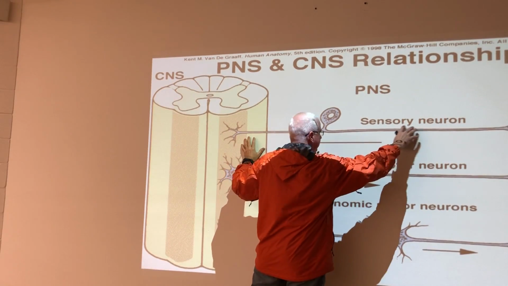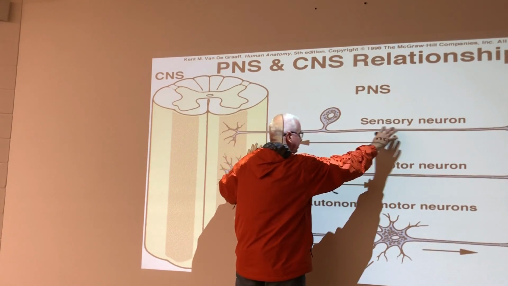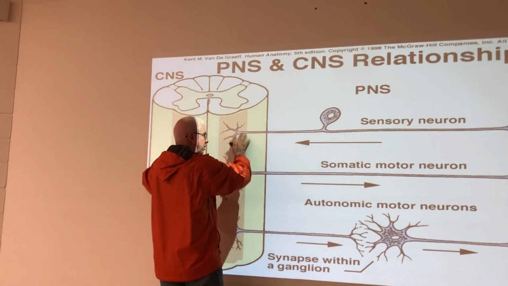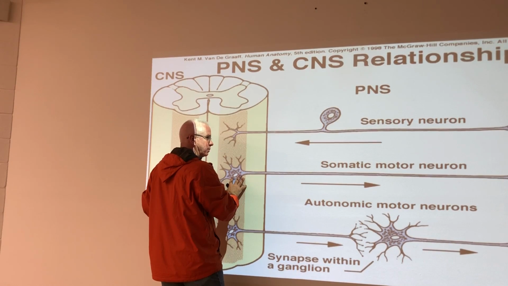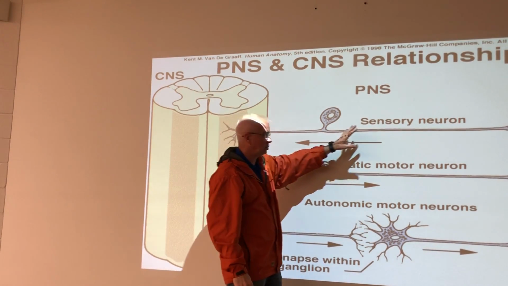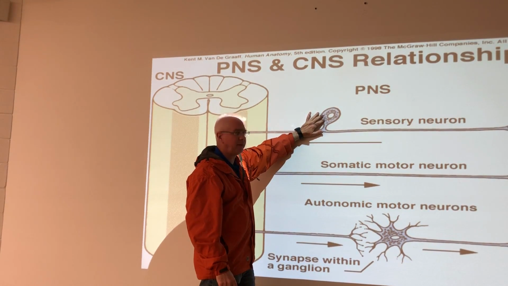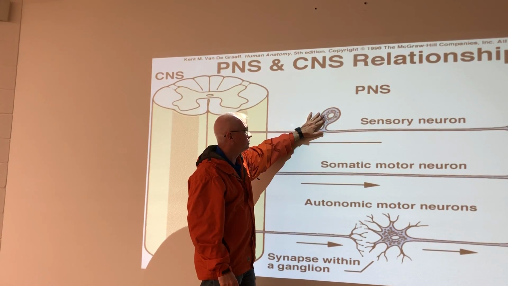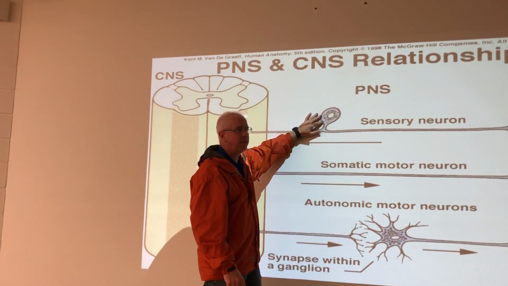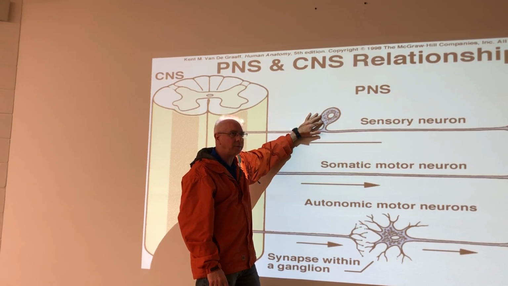This information out here would be part of the peripheral nervous system, bringing information to the central nervous system. This is sensory information. And this is going to be the topic of a slide coming in just a few minutes, where I show you the sensory neurons and their primary location in the human body.